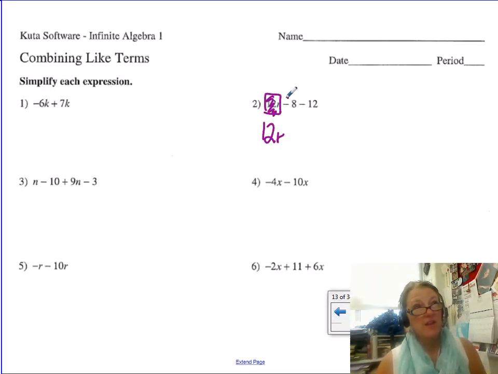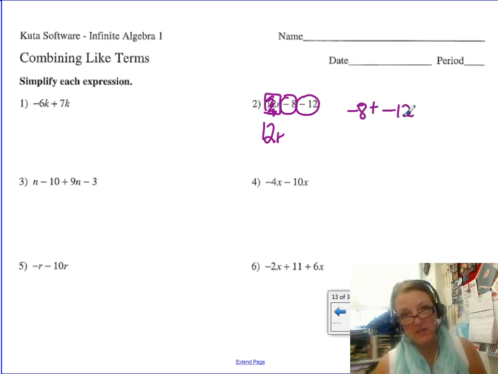But now you have a negative 8 and then a negative 12. If you want to think of this as subtraction, fine and dandy. If it's easier for you to think of this as a negative 8 plus negative 12, fine and dandy. But these two give you negative 20.